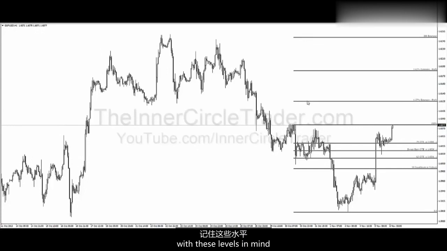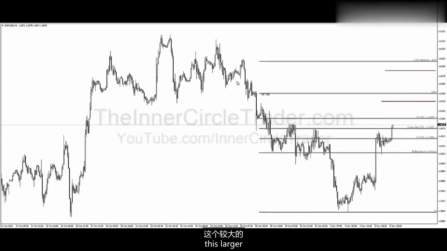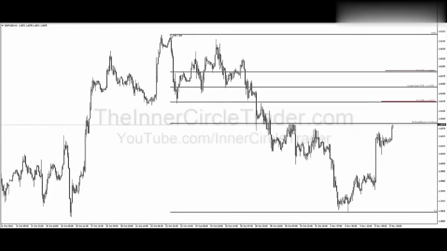Now, with these levels in mind, we're going to highlight that 162, the 127, and now what I'm going to do is reference this larger price swing, because remember, markets are fractal.